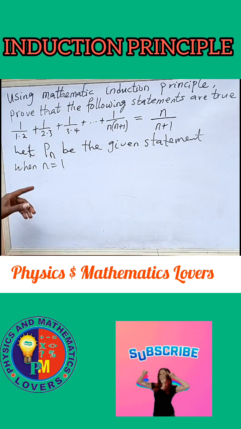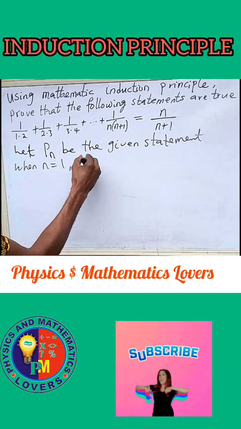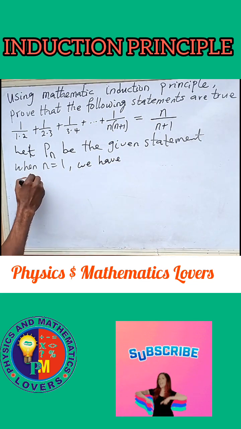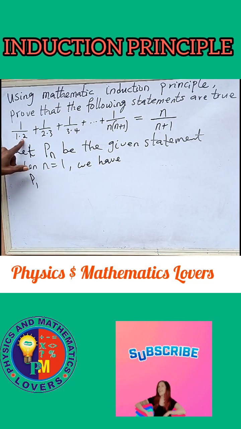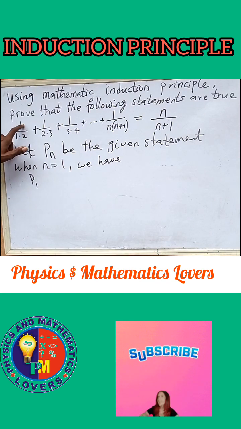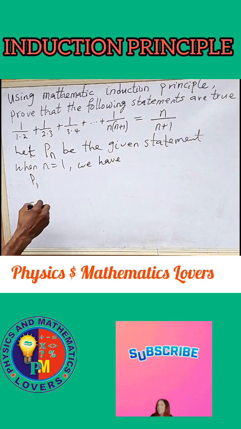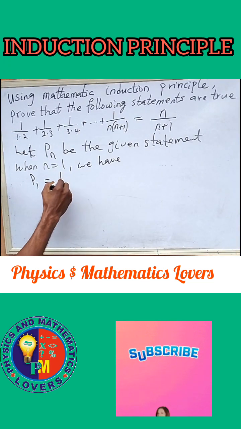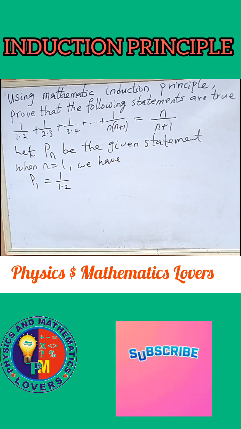So now let's go. When n is equal to 1, we have our P(1), where we take the first term. It means the first term here, which must obey this formula. So P(1) will be equal to, remember here we have 1 over 1 times 2. That is dot product, it's not points.